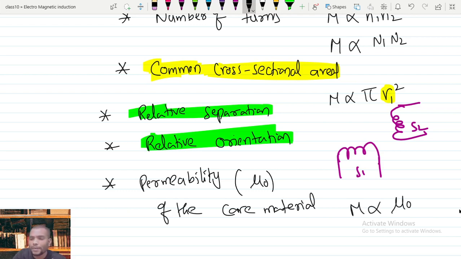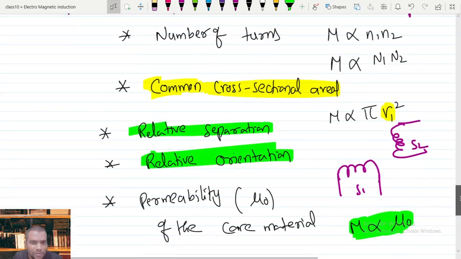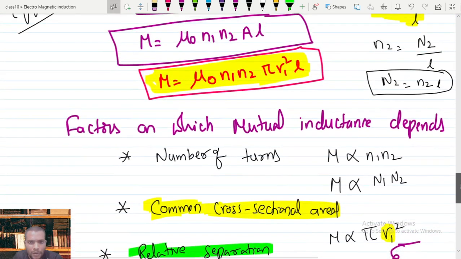We know that different magnetic materials have different permeability. So if we insert a magnetic material with more permeability, then the mutual inductance also increases. So these are the factors which affect the mutual inductance of two solenoids.